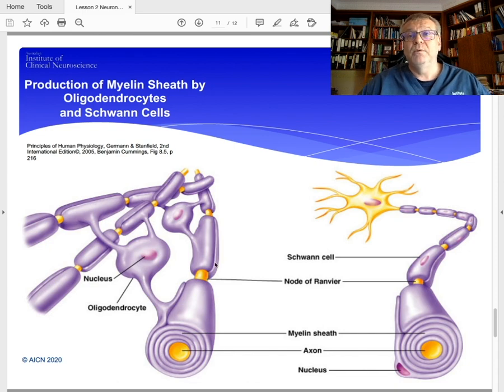And we'll show you in great detail in the next few lessons how this unique and amazing structure of the myelination of these axons increases the speed of conduction along the axon, and also how the size of the axon and the myelination of the axon can both contribute to the speed of transmission of those action potentials up and down the nervous system.